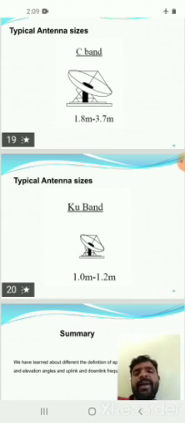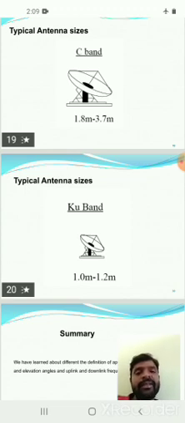For C band, we use 6 GHz for uplink frequency and 4 GHz for downlink frequency. For Ku band, 14 GHz for uplink frequency and 12 GHz for downlink frequency. So C band has lower frequency compared to Ku band.